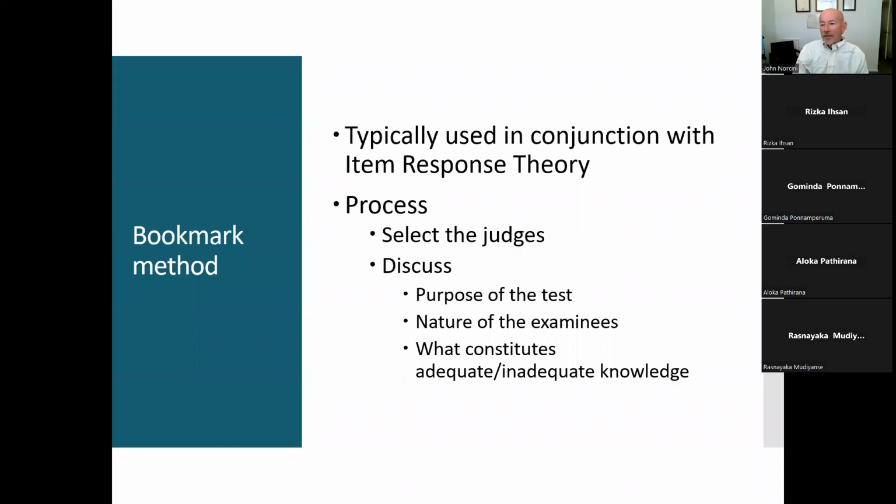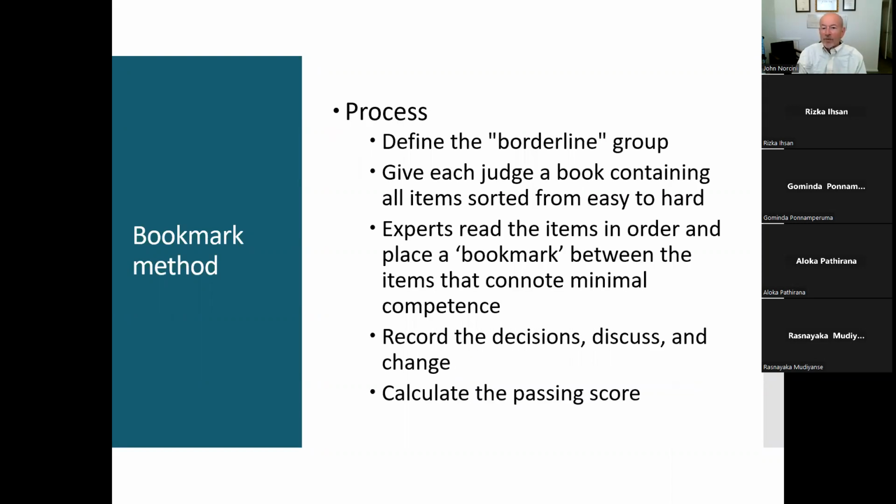Okay, well, I'll do it very briefly then. If you do item response theory, this is set up the same way. You select the judges and they have a conversation, and you define the borderline group. All that's important. But what you do is you give each judge a book of all the questions on the exam, sorted in order.